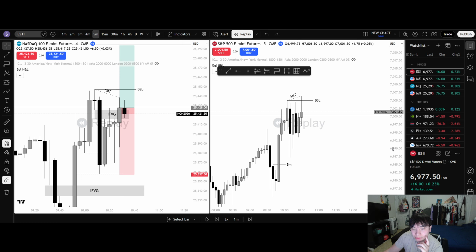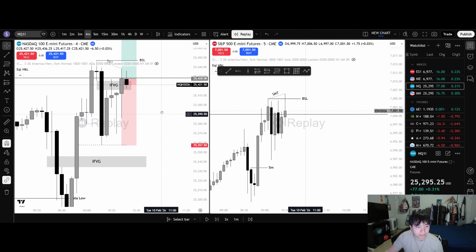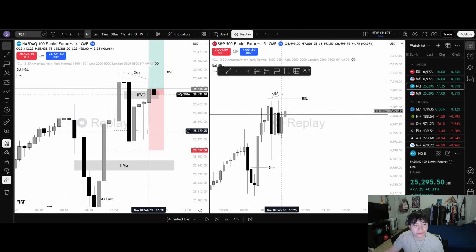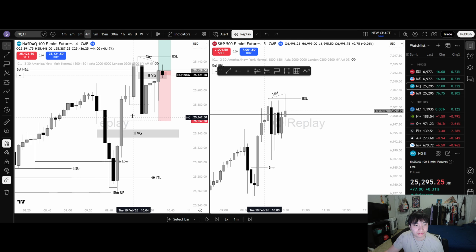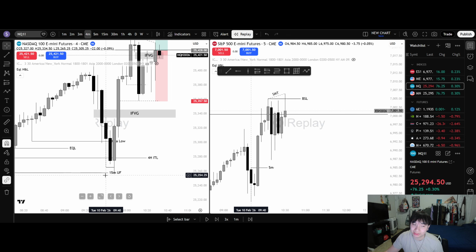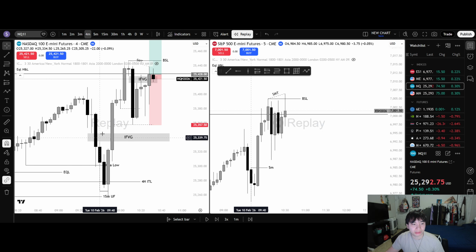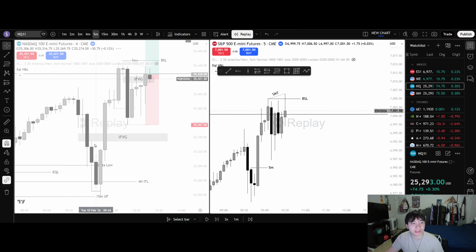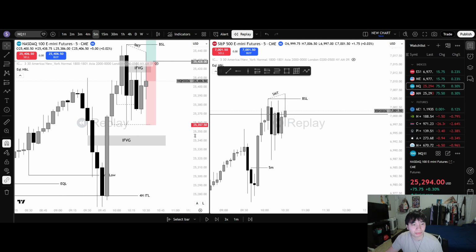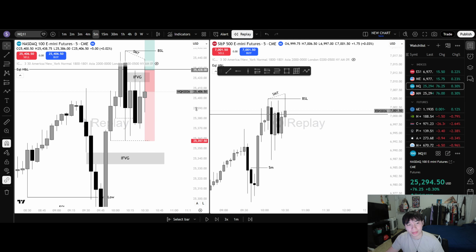Great. So there are a few things wrong with this trade. One is that even though this was a manipulation off of the 5-minute, and we were technically sponsored, because the swing low kind of forms the 5-minute, realistically it is a little bit sponsored, and it was a continuation trade.